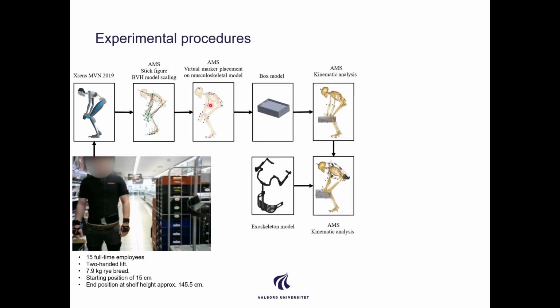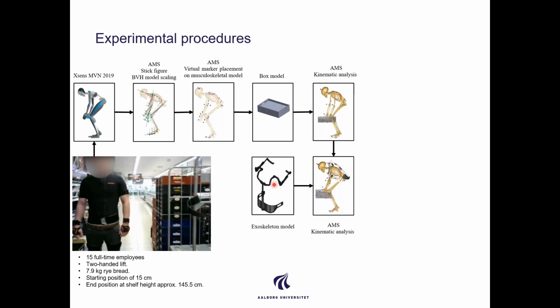Then we had a box model that we created in SolidWorks and the exoskeleton model that we also created in the SolidWorks software. The box was according to the measured geometry and weight that we were measuring during the initial capturing of the data. And the exoskeleton was created from a CAD model provided by Suitx, so thanks for helping us with that one.